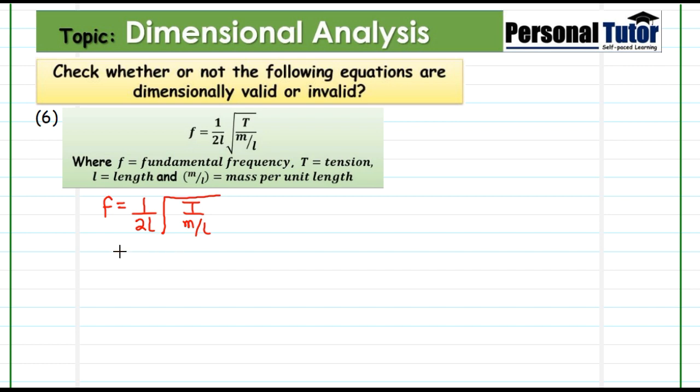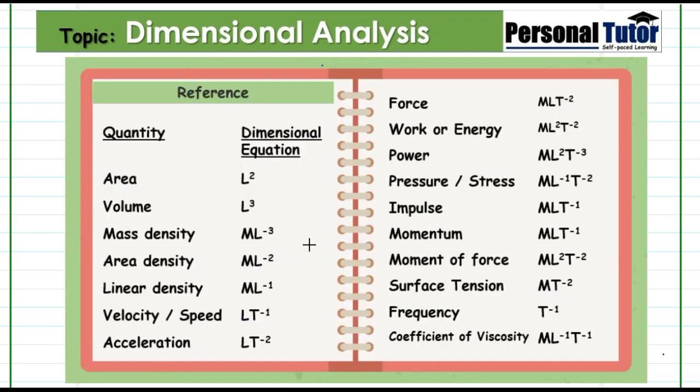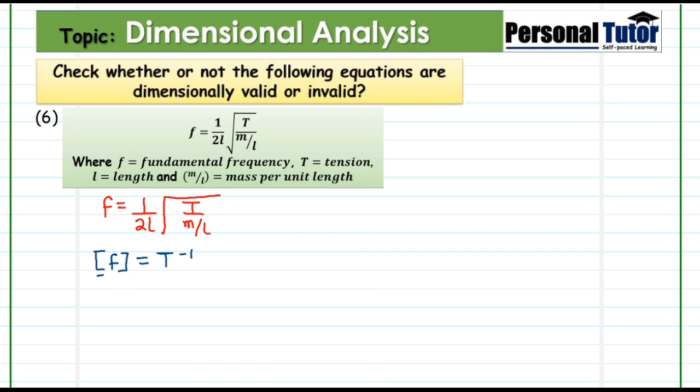That's from the equation. Let's look at the dimensional formula for each of them. The first is the fundamental frequency. And from our reference, frequency has the dimensional equation T exponent negative 1. Good. That of the L, which is length, will be capital L. The T, which represents tension, is a force.